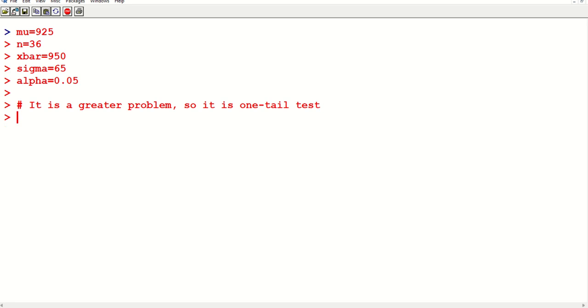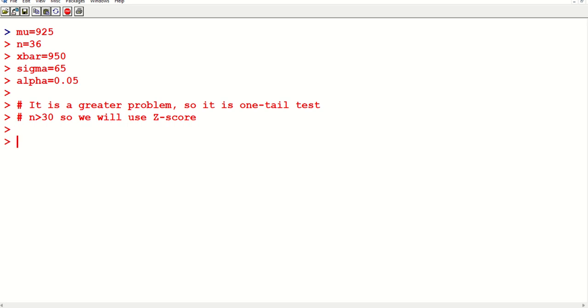This is comment number one. Comment number two: n is greater than 30, because 36 is the value. So we will use Z test, or you can call it Z score, to test the hypothesis.